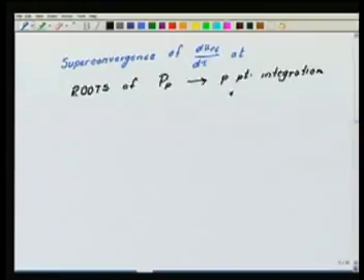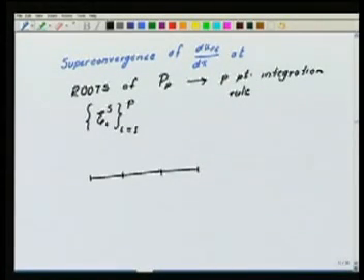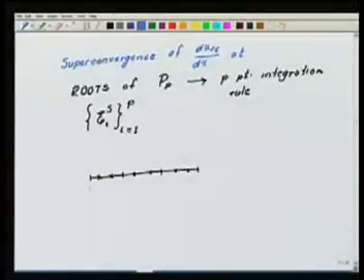I simply take these points and call them points psi I superconvergence, with I going from 1 to p. Now, given these points, if I go to the elements, by mapping back from the master to the physical element, I will have some points in each of the elements where the derivative of the finite element solution is going to be good. So, if I plot these derivatives in the elements, you will see they will go like this, and there will be a jump in the value here at the interface.